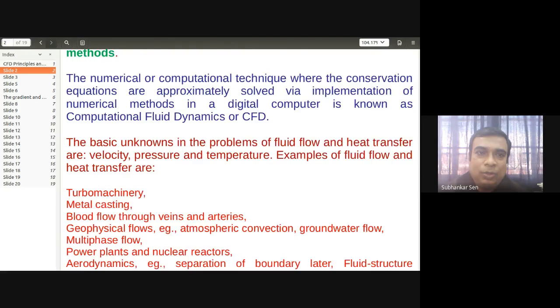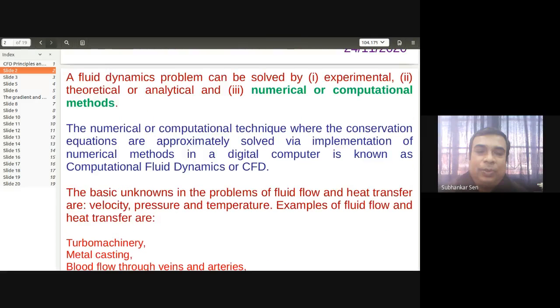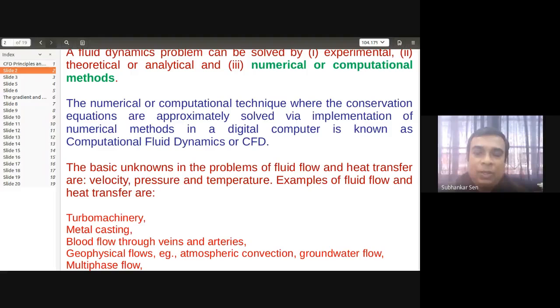So let us quickly go to the definition of CFD. CFD is a numerical or computational approach where the conservation equations are solved approximately by implementing certain algorithms in a digital computer. A computer is compulsory in a CFD problem. We give the computer instructions for performing certain numerical calculations and steps, and then we get highly accurate approximate solutions, and that is CFD.